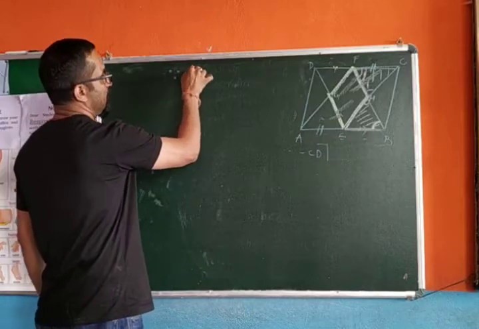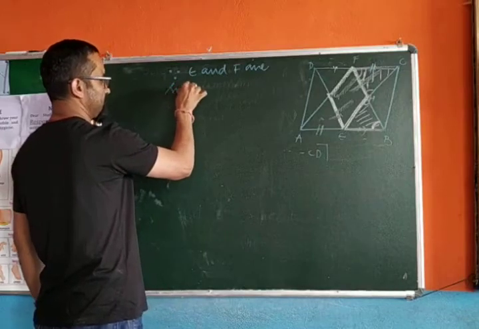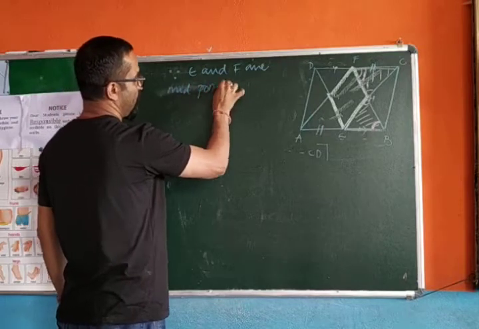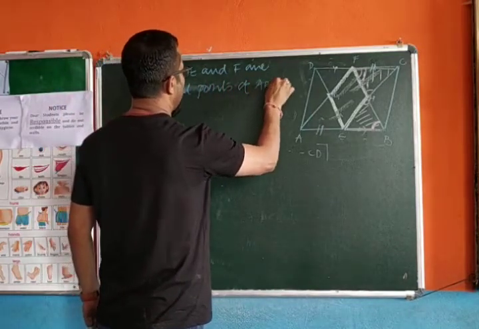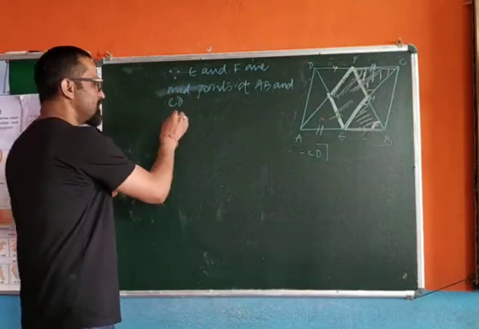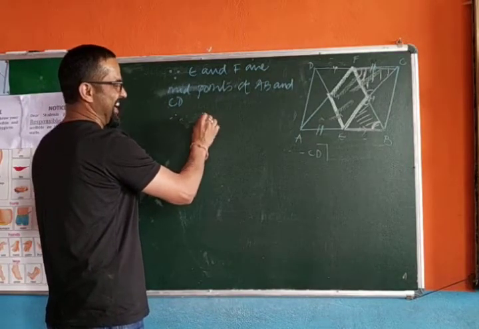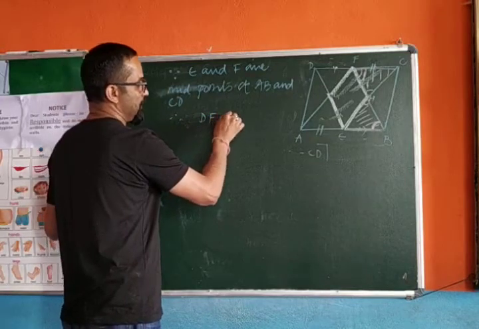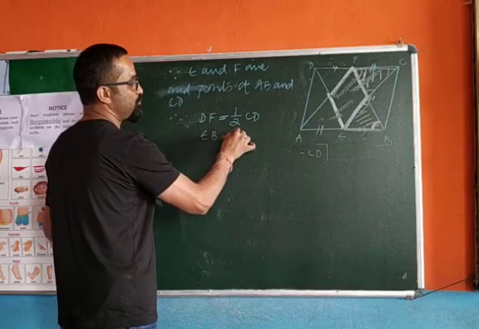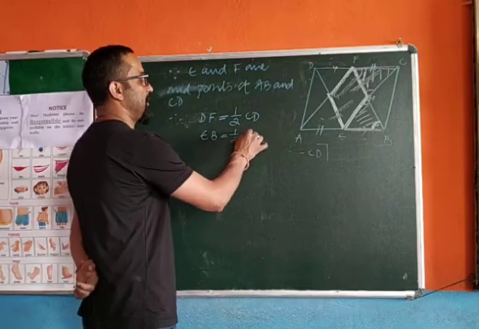Since E and F are midpoints of AB and CD, therefore DF is equal to half of CD and EB is equal to half of AB.